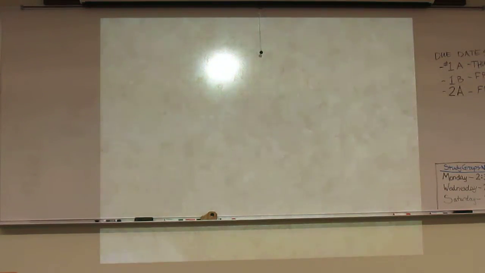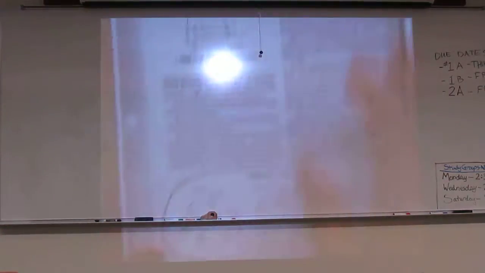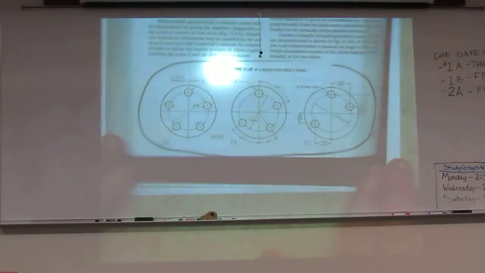So let's go to your handout, because it has much better examples than your text does. And we're going to start with figure 11.37. You see on it's page 310 on your handout.